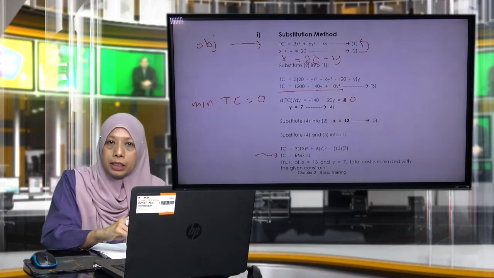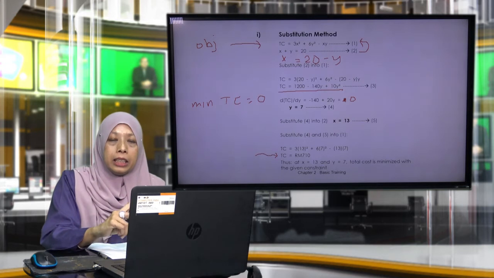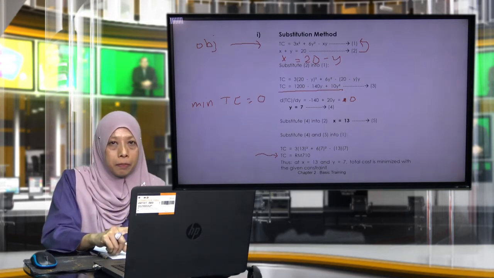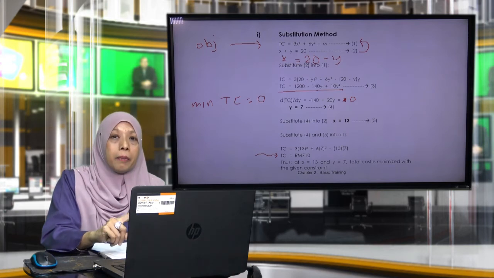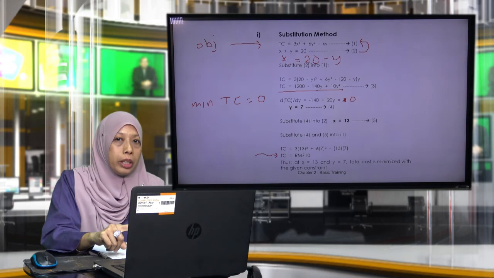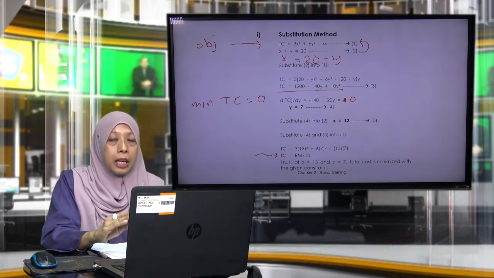The first example deals with a univariate function. The second example deals with a multivariate function, but there is no constraint given. And in the third instance, we are dealing with a multivariate function, but given a constraint.